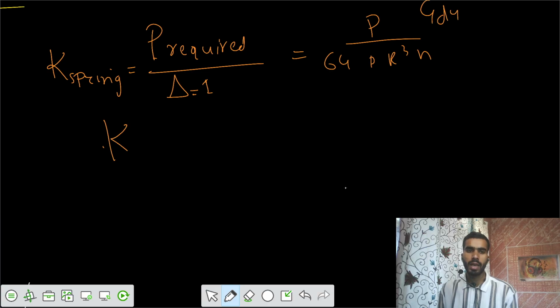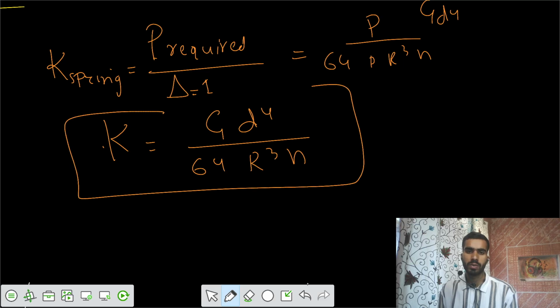Finally you get K equal to G d power 4 by 64 R cube N. So this is your equation.